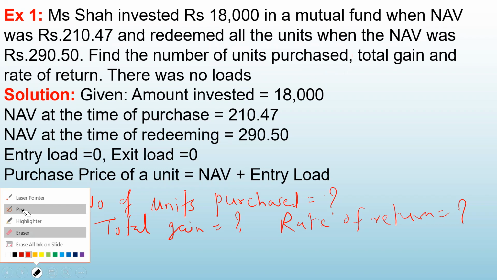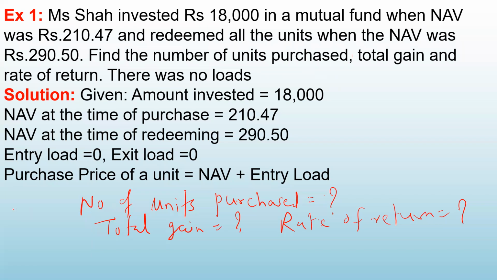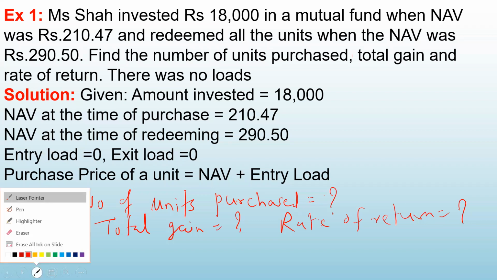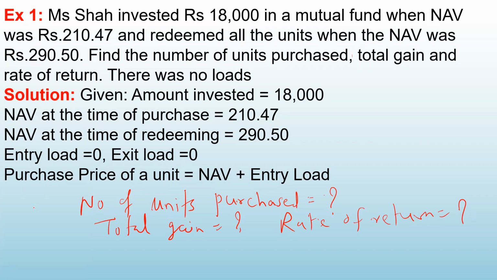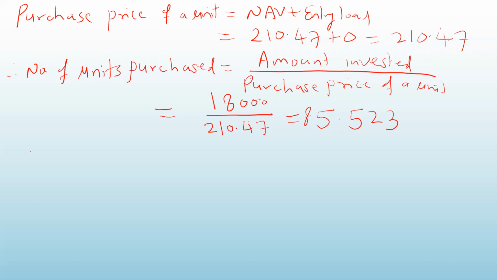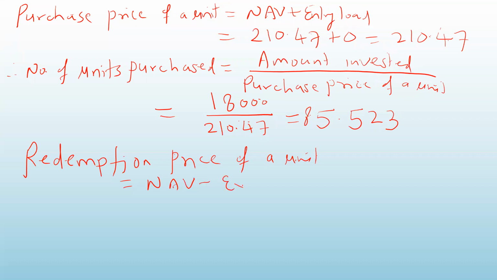Here, the point to be noted is that selling price and redemption price are the same. So she redeemed the units when the NAV at the time of redemption was 290.50 and there is no exit load. Right? So the redemption price of 1 unit is equal to NAV minus exit load.